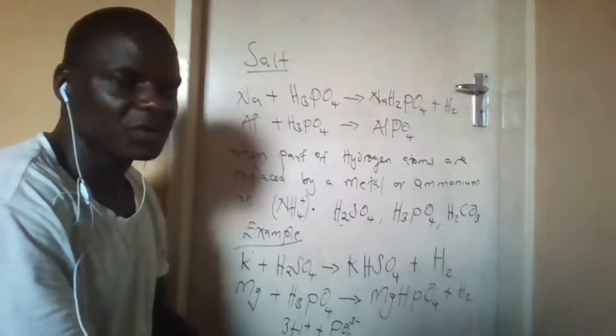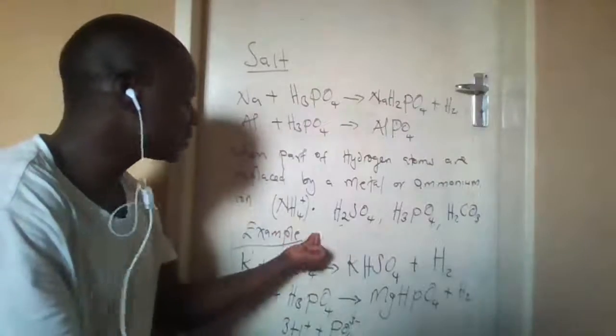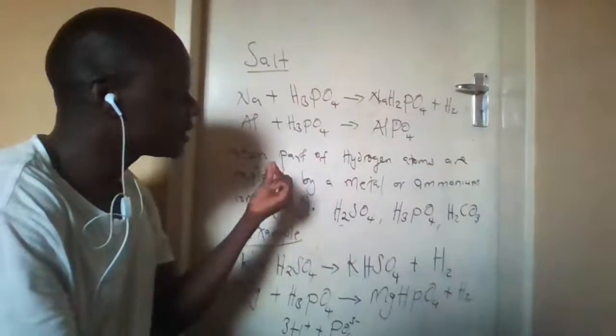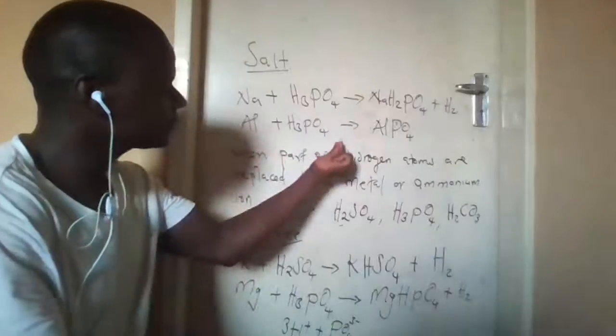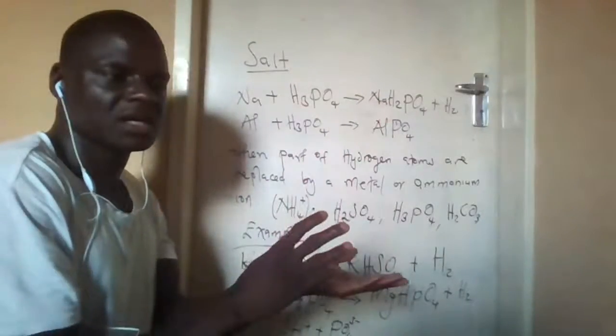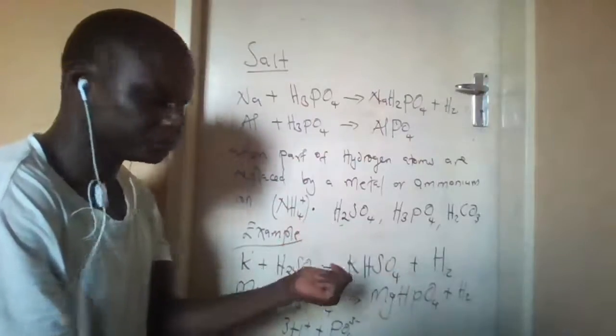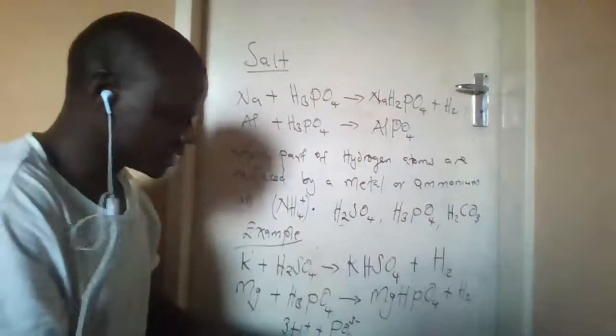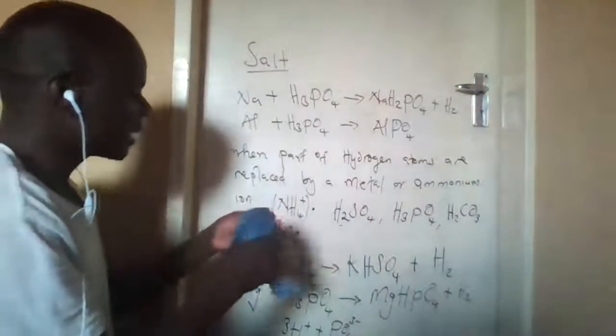But all in all, what I'm trying to say is that you need to understand the concept of double salts. It's a bit detailed, so I may just leave it here.